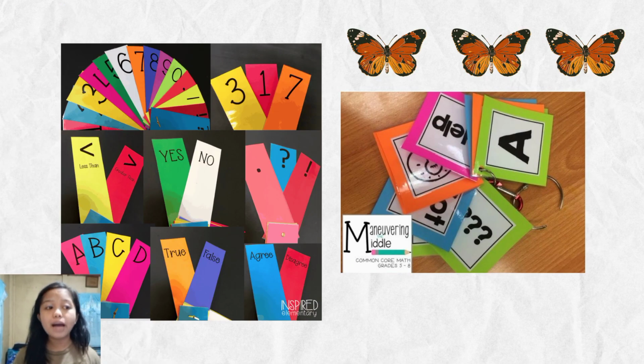So this is an example of response cards. As you can see, they have different colors and different numbers, and the main reason is to motivate the students and catch their attention while listening or discussing your lesson or your topic while teaching.